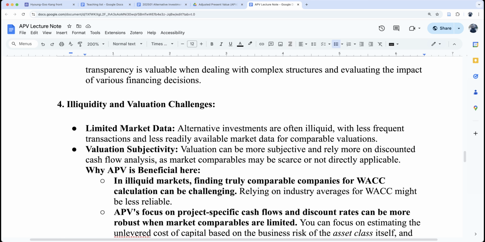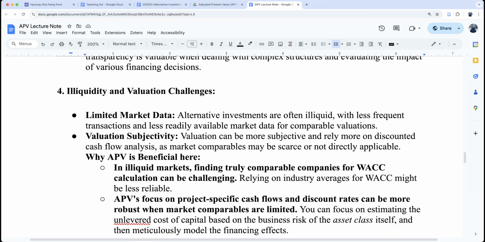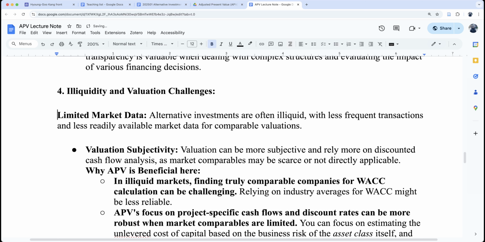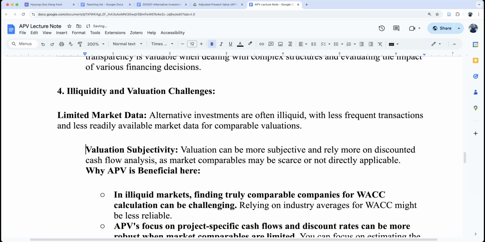Number 4, illiquidity and valuation challenges. Limited market data. Alternative investments are often illiquid, with less frequent transactions and less readily available market data for comparable valuation. For example, a house. You cannot sell a house like you trade Nvidia stock. When you trade a house, it is much more costly.